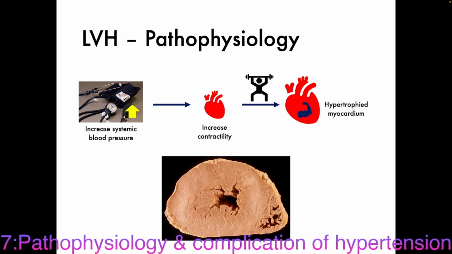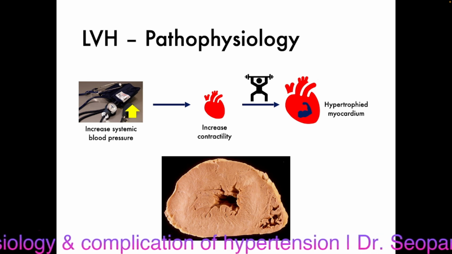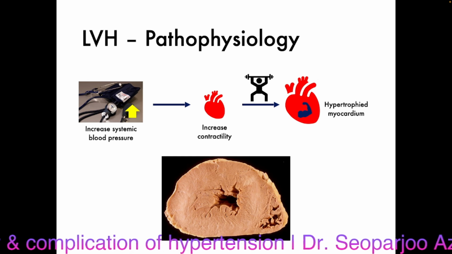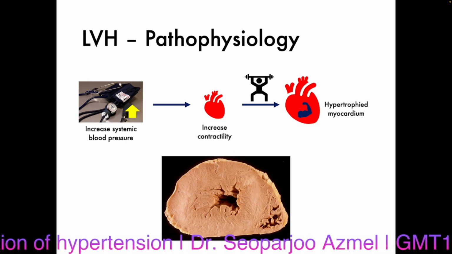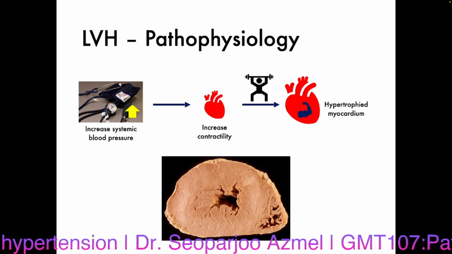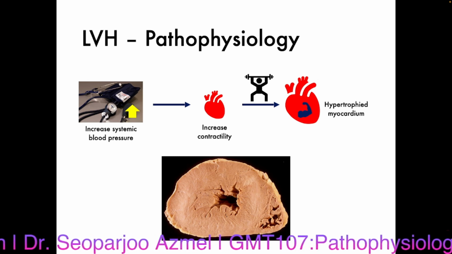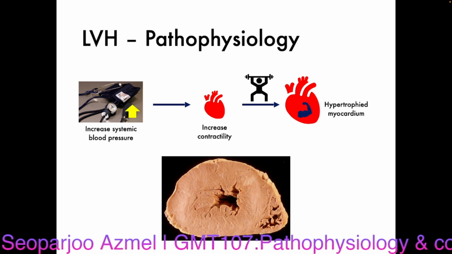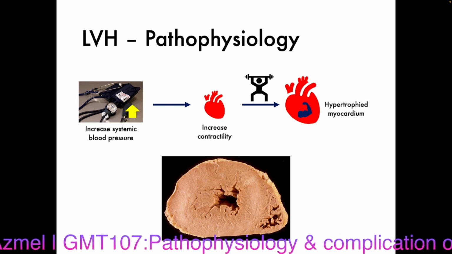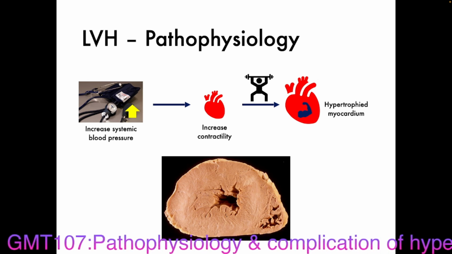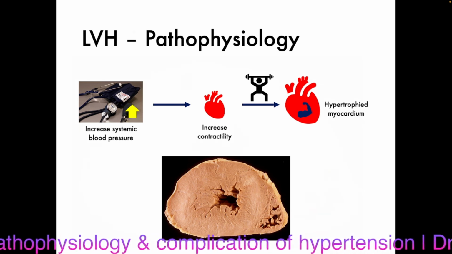Because of the increased systemic blood pressure, the heart needs to overcome this pressure to pump blood out of the left ventricle to the circulation. So the heart needs to increase its contractility to overcome the increased blood pressure. The heart will have to work harder, and this will cause the myocardium to become hypertrophied. That's why you can see left ventricular hypertrophy in patients with hypertension.